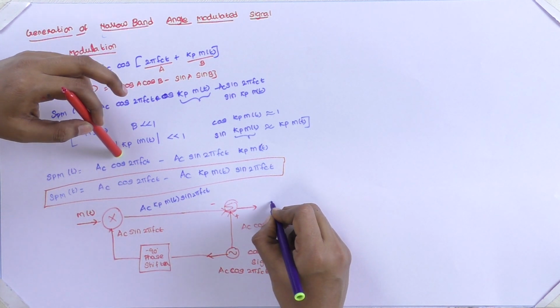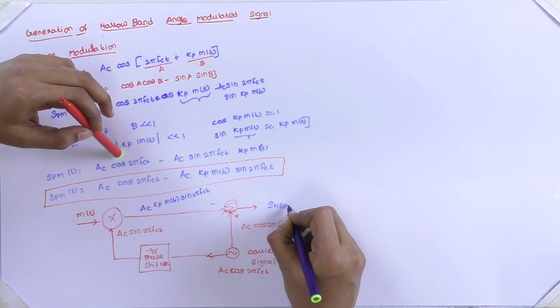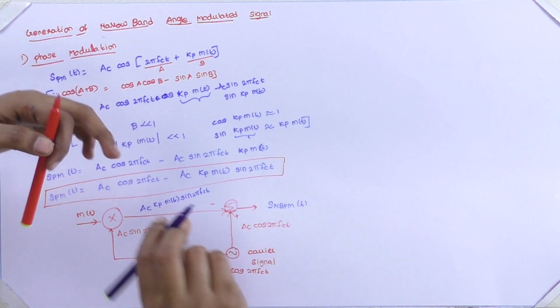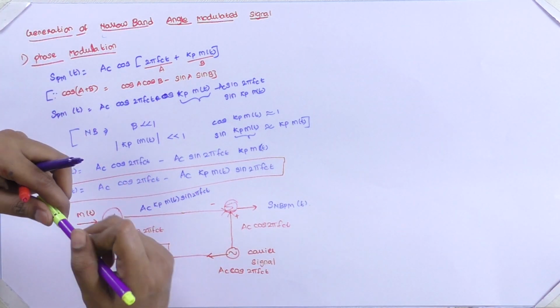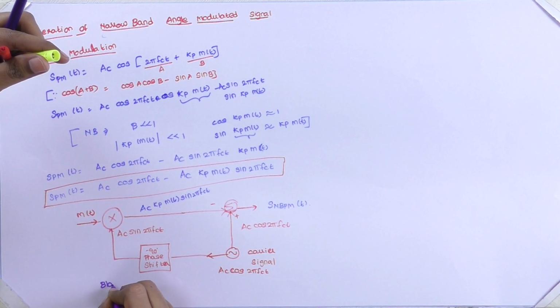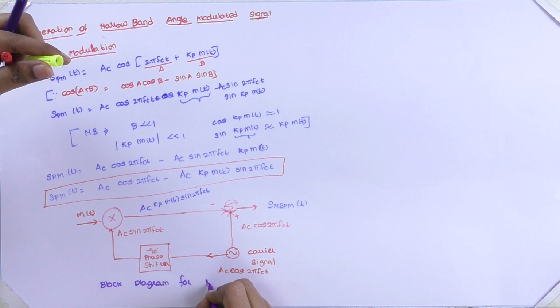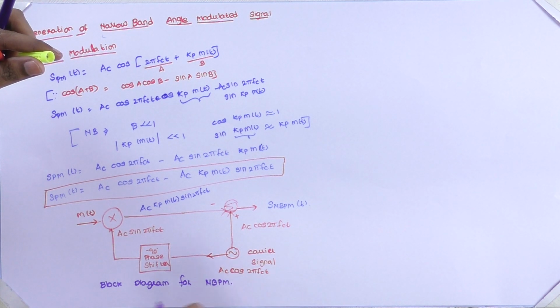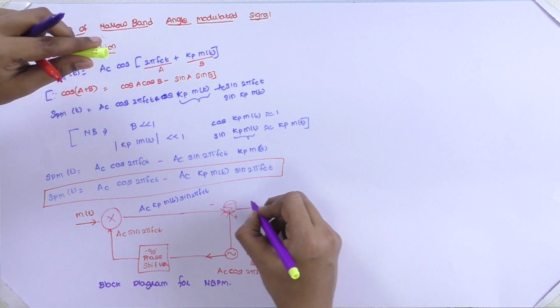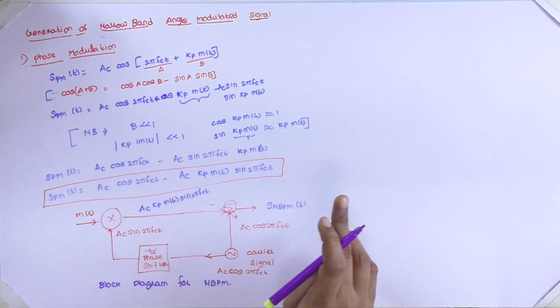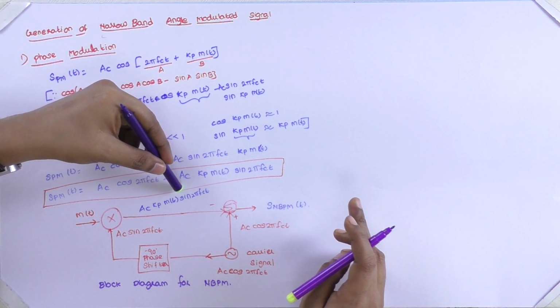The resultant will be the narrow band phase modulated waveform. So this shows the block diagram for the narrow band phase modulator.